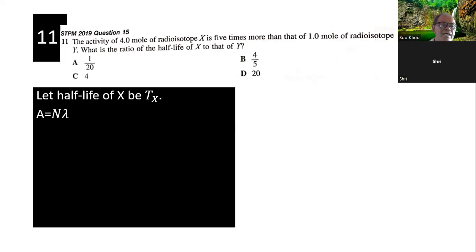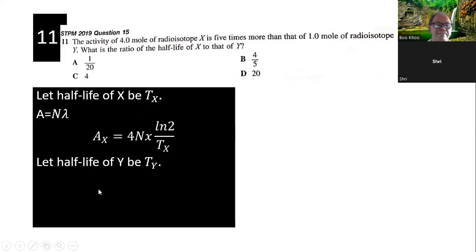So activity is N lambda. So for activity of X, right, your total is 4 mole. Right? So 4 mole is just 4 times your N. N is the number present. Then ln 2 over the half-life of X. Same for Y. Activity of Y. Right?